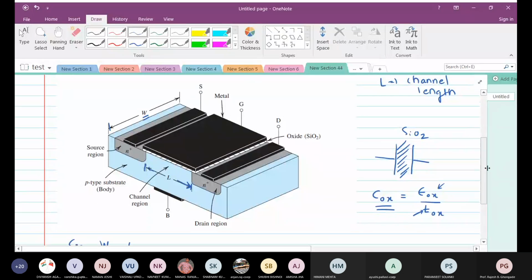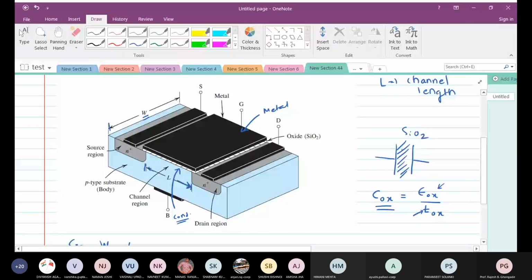Whereas COX is nothing but a capacitance formed like this. Okay, so this is metal. This is metal. This is your channel region, or let us say this also is a conductor. Of course, it is silicon.